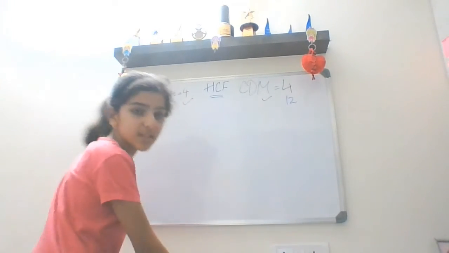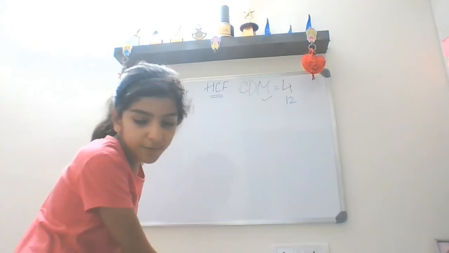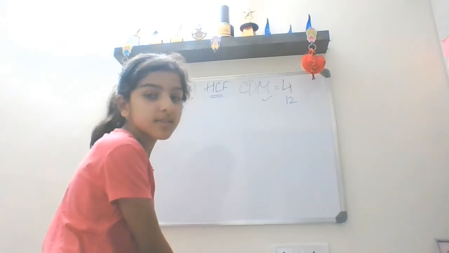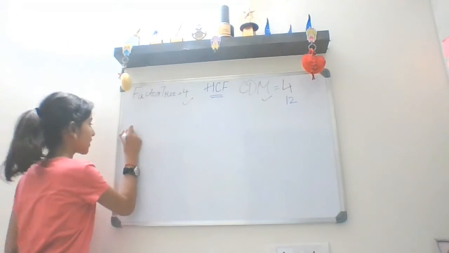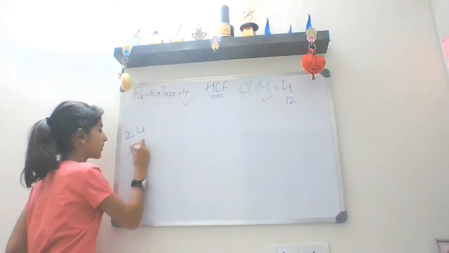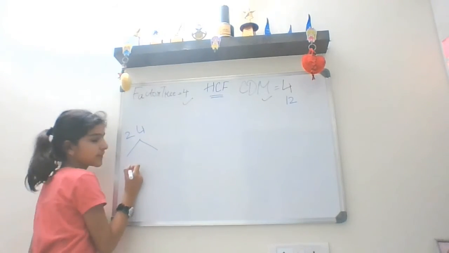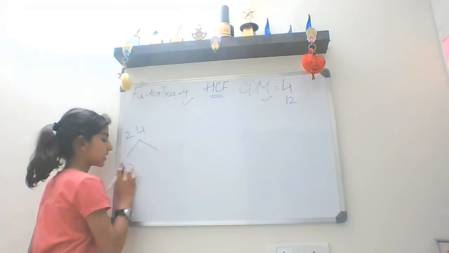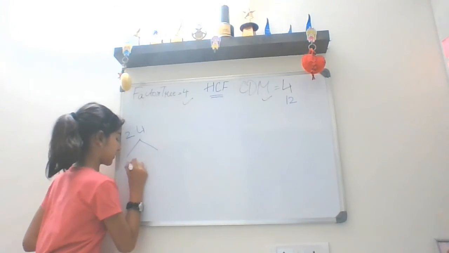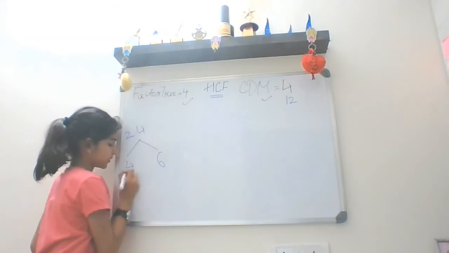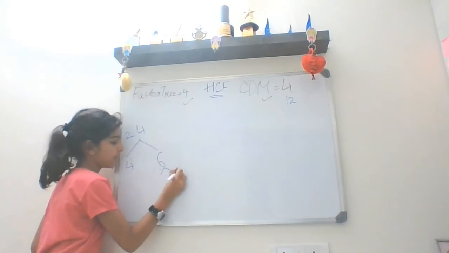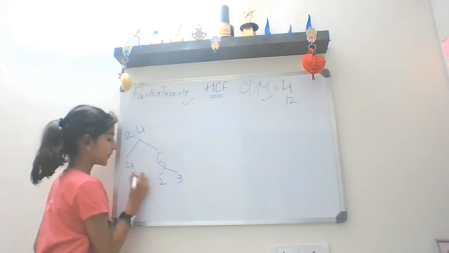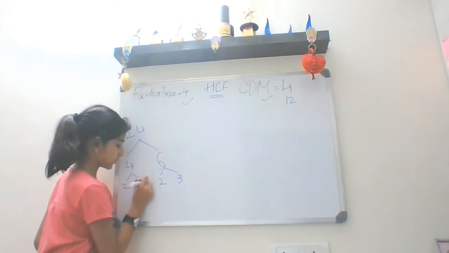So which are the two numbers we picked? 24 and 60. So 24 when divided, if you guessed it, it is 4 into 6. So none of them are prime. So 2 into 2 and 2 into 3.